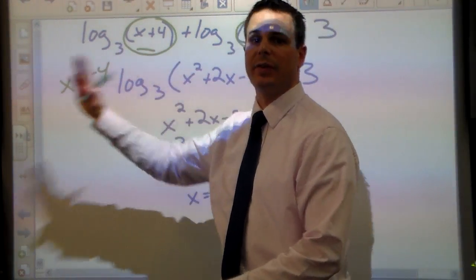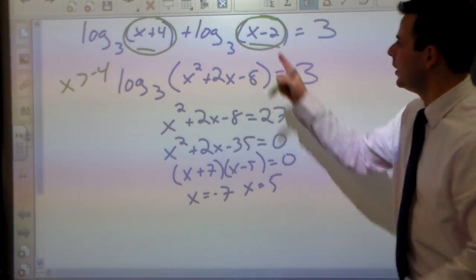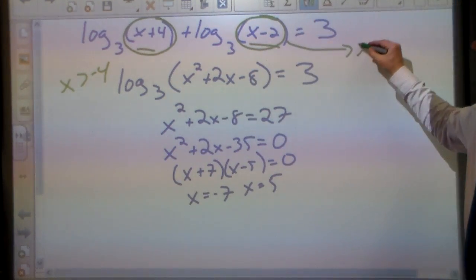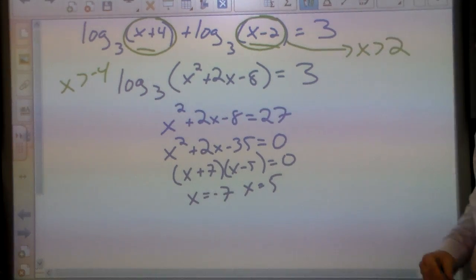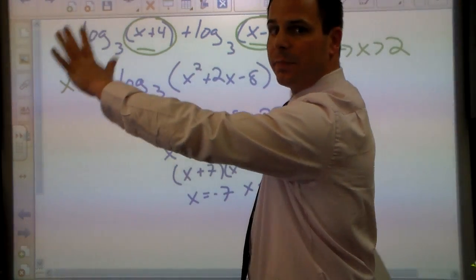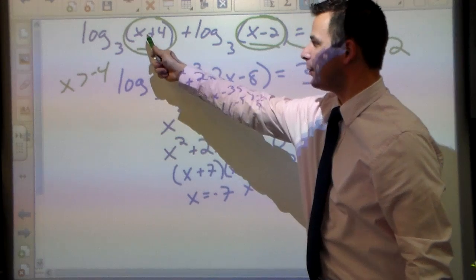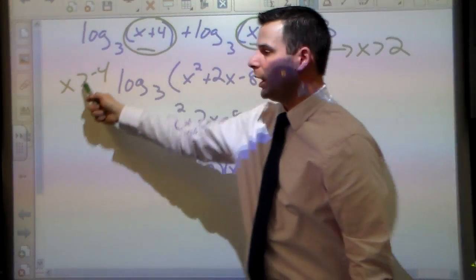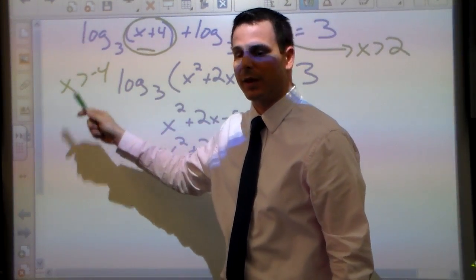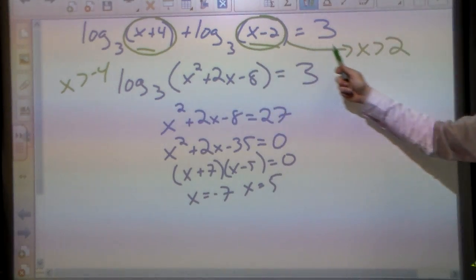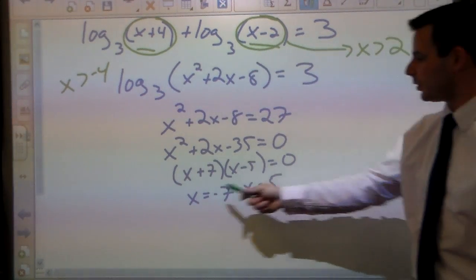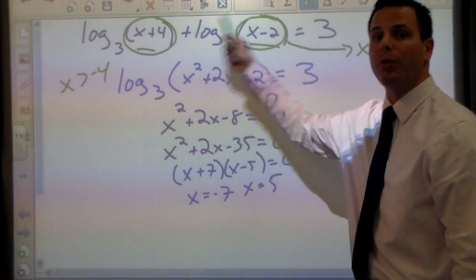Logs do not exist for negative numbers. And in this case, I have to have x greater than 2. So I'm looking for the intersection of both of these domains. The domain of log base 3 of x plus 4 is x greater than -4. The domain of this log is x greater than 2. So the solution has to satisfy both of these.